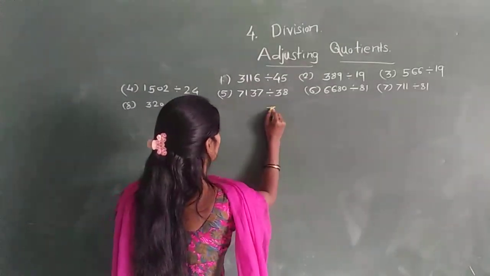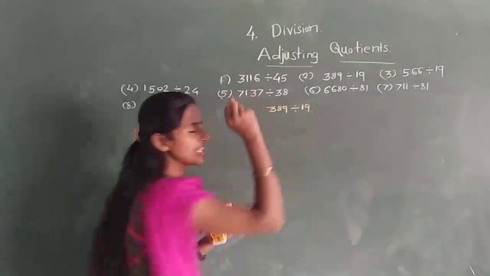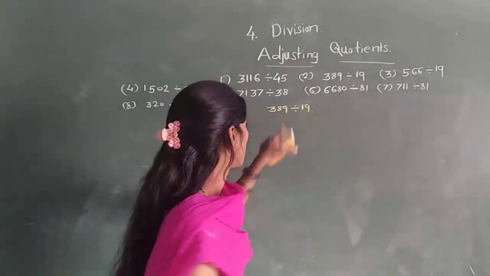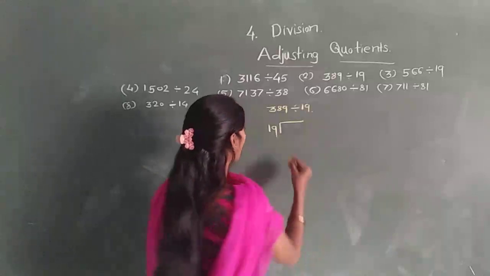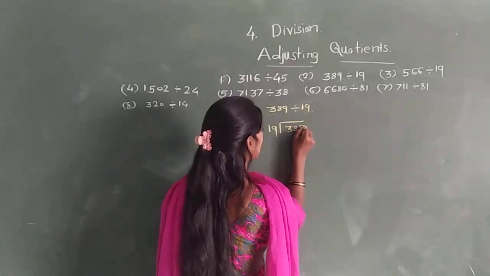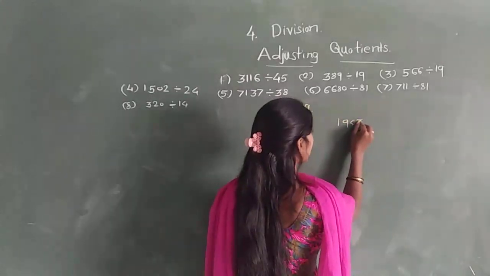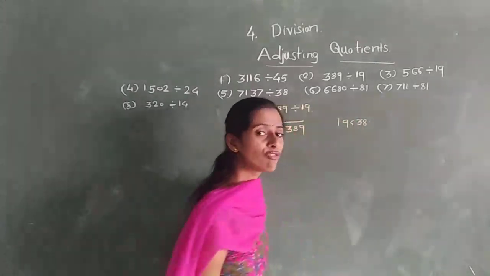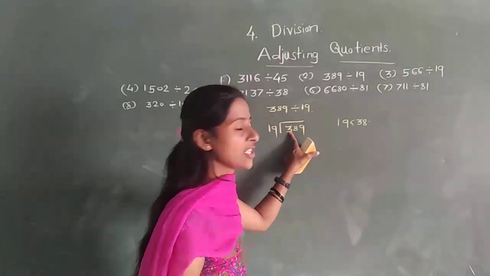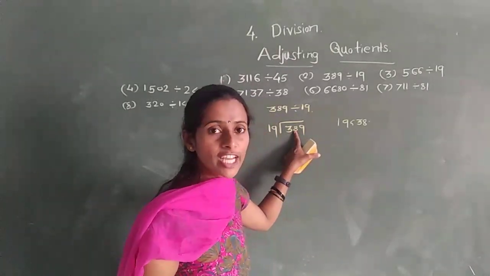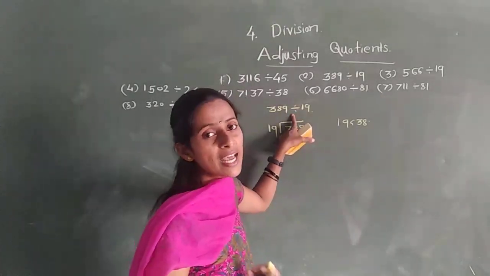Second, 389 divided by 19. This is an easy example. Here 19 is the divisor and 389 is the dividend. 19 is less than 38, therefore there are enough places: ones place, tens place, hundreds place. So there are enough tens places, which means the first digit of the quotient will be written above the tens place, that is 8.